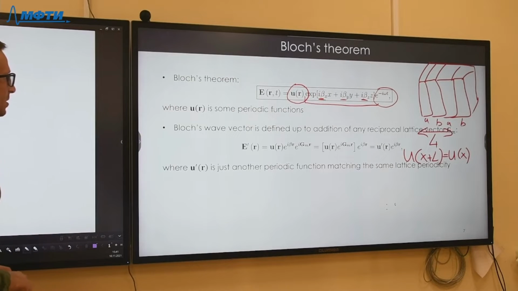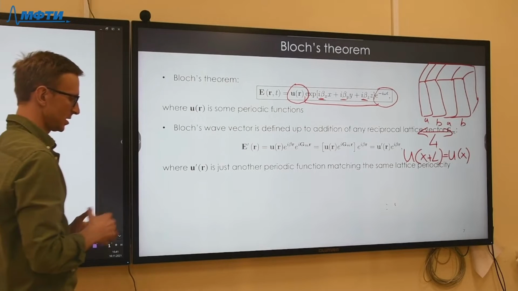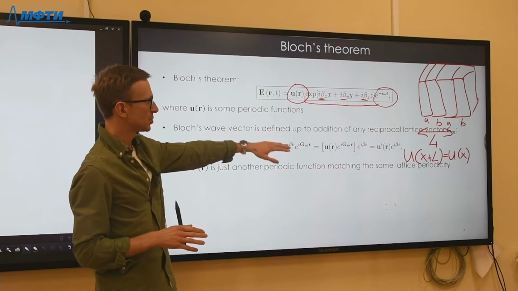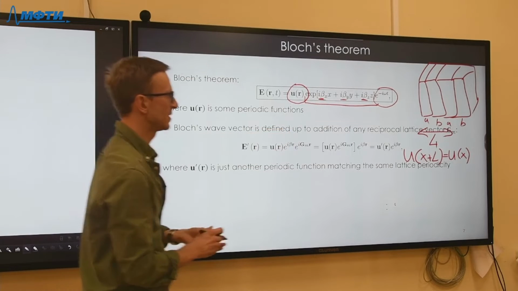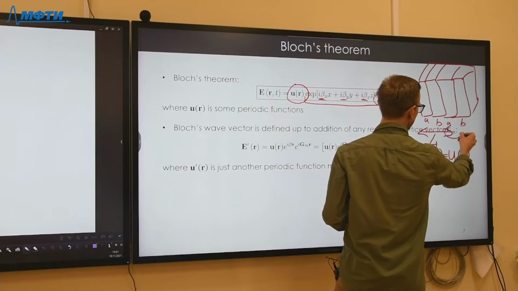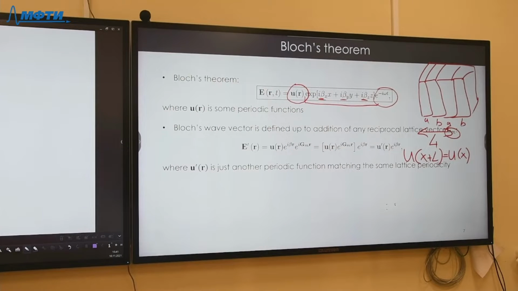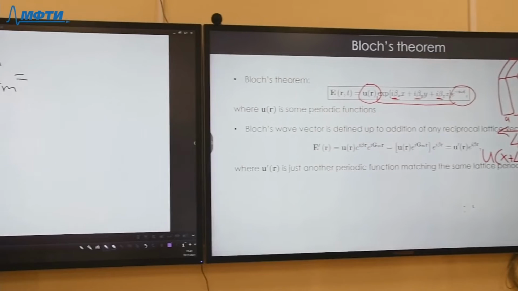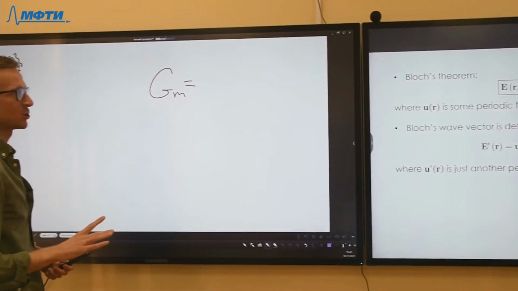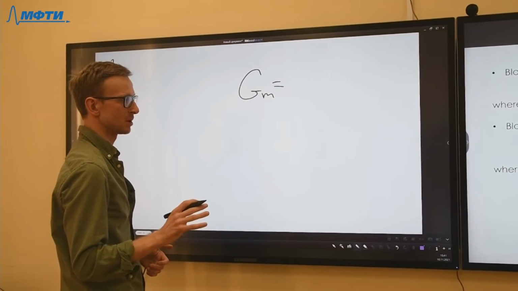So this beta is similar to the ordinary wave vector, but it's not a wave vector. It's called a quasi-wave vector. One of the properties of this is that beta is defined up to addition of any reciprocal lattice vector G_m, where G_m is any integer combination of the reciprocal lattice vectors.